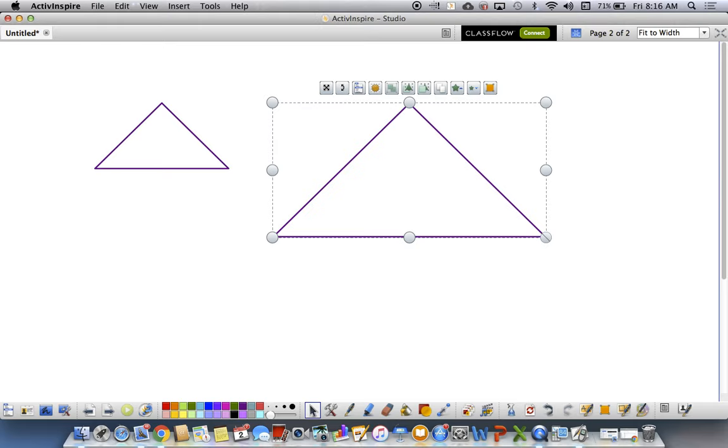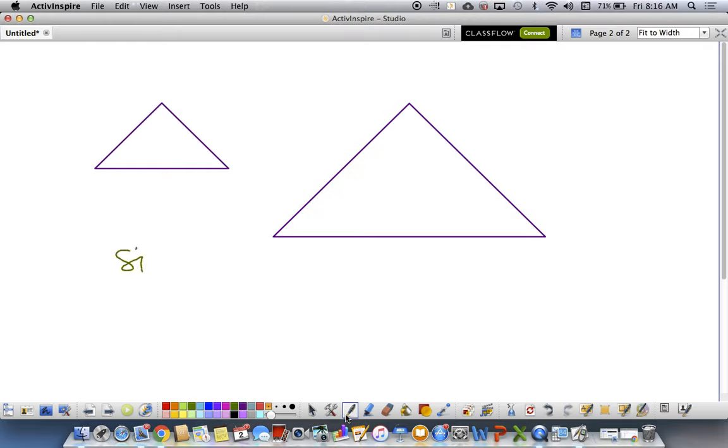Okay? What do you know about the angles of similar triangles? Angles must be congruent. What about their side lengths? They must be proportional.